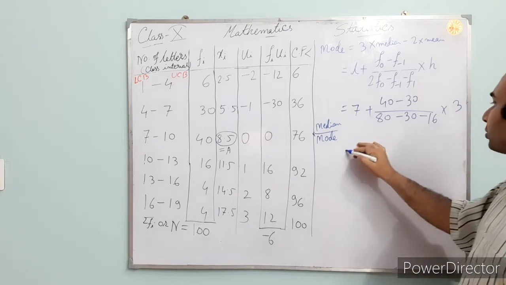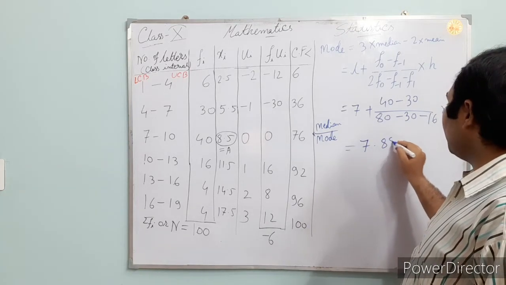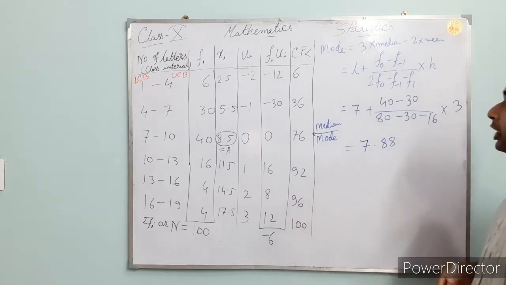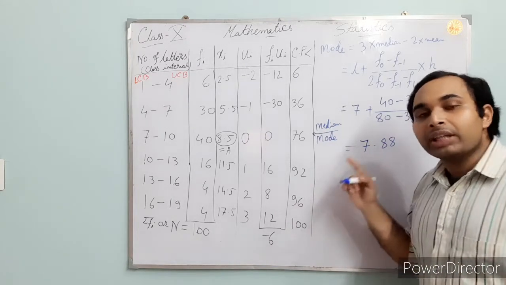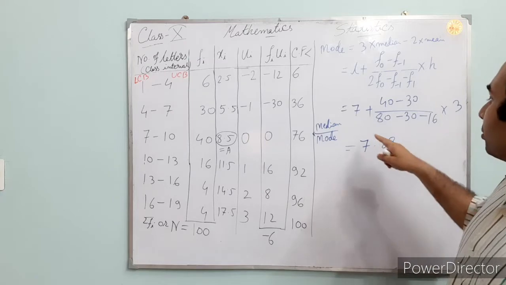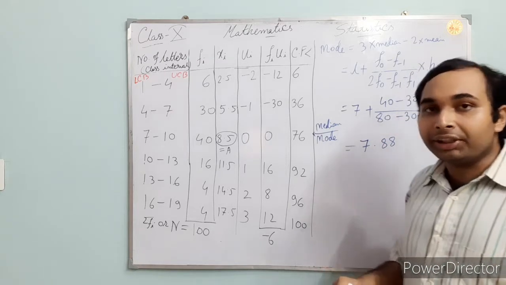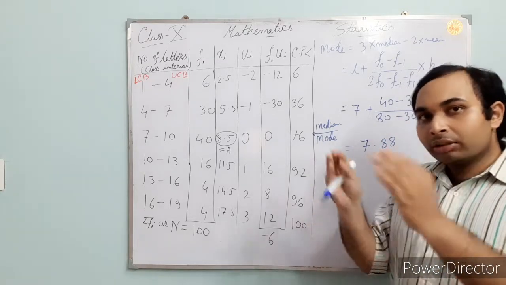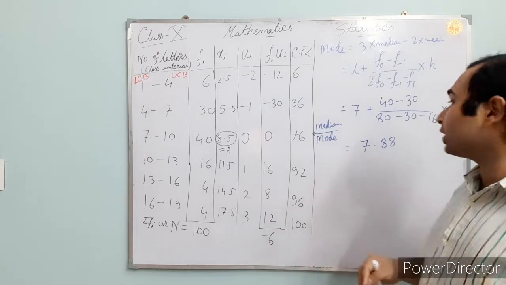So let us do this calculation. 7.88. So mean was 8.32, median was 8.05 and mode is 7.88. So those values are much more closer to each other.